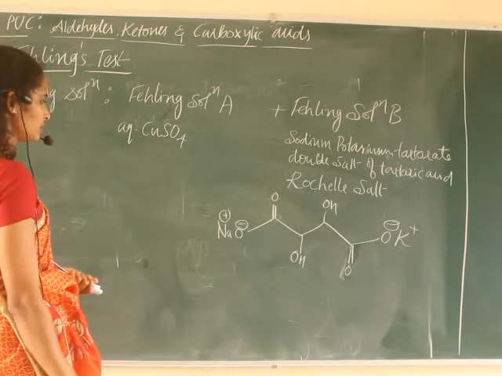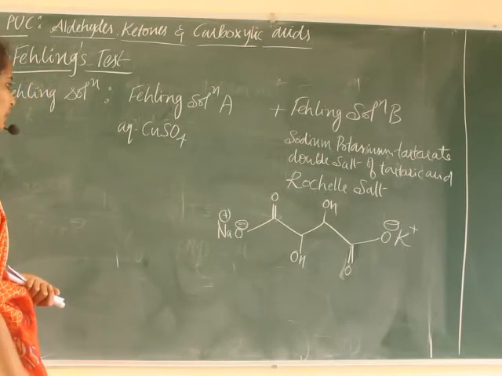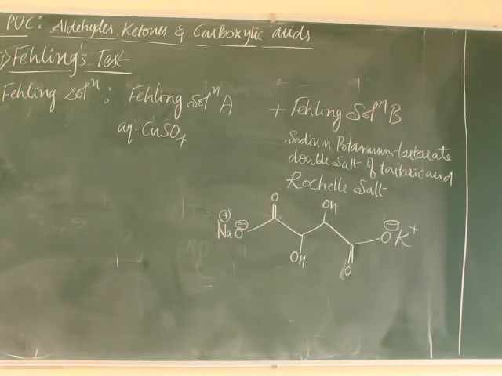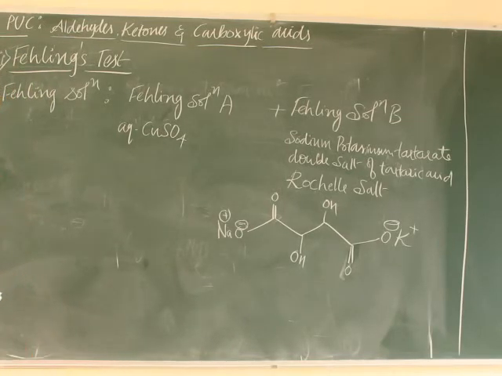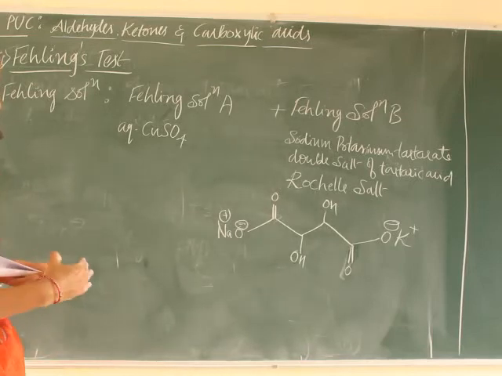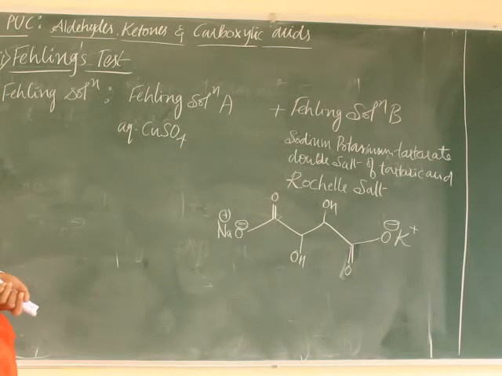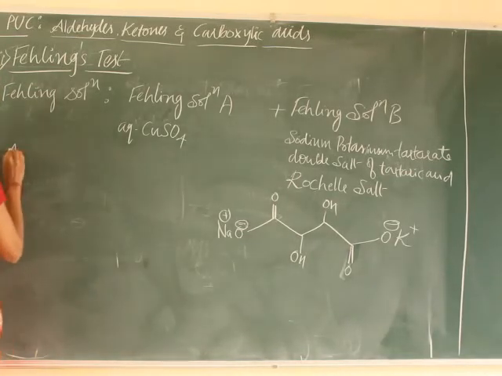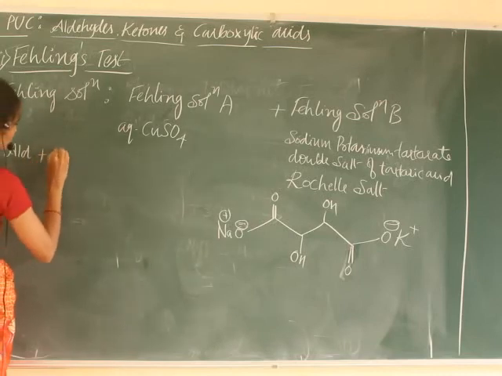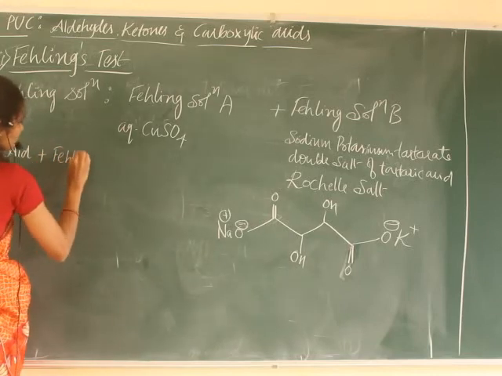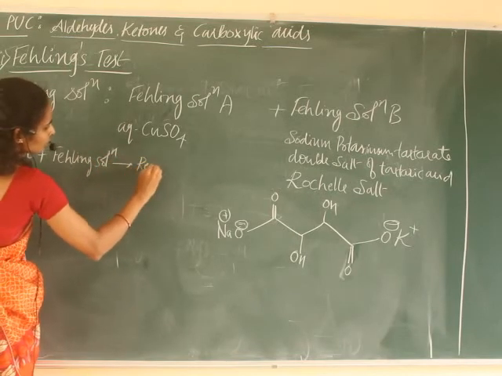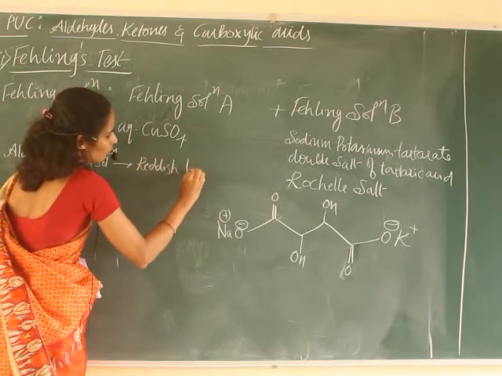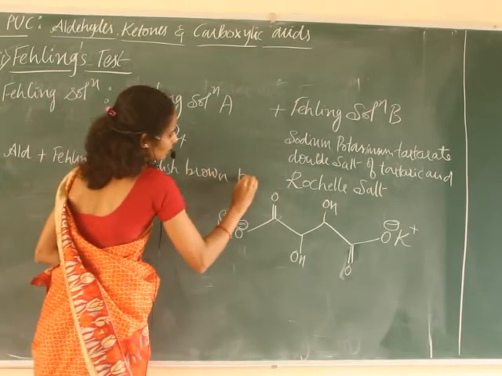tartaric acid, called Fehling's solution B or Rochelle salt. And Fehling's test is: aldehydes on reaction with the Fehling's solution, that is a mixture of Fehling's solution A and Fehling's solution B, result in the formation of a reddish brown precipitate.